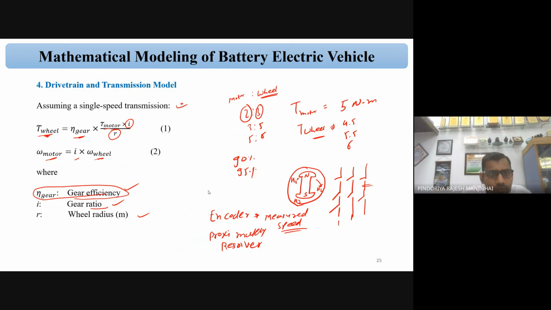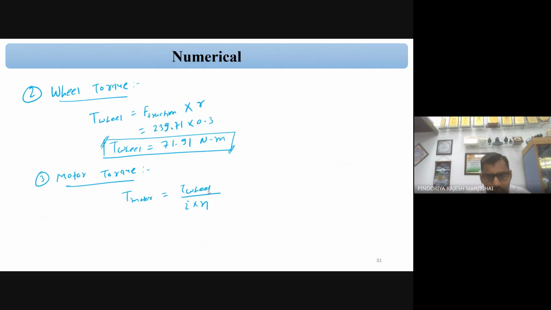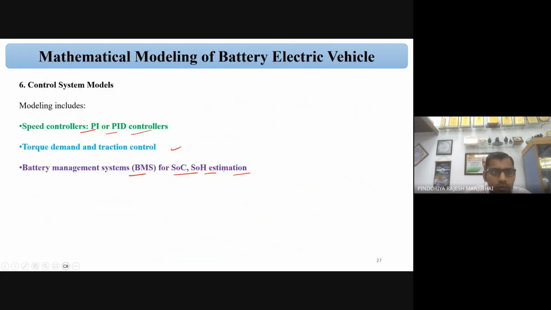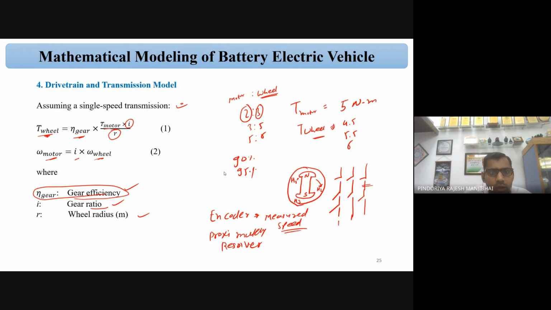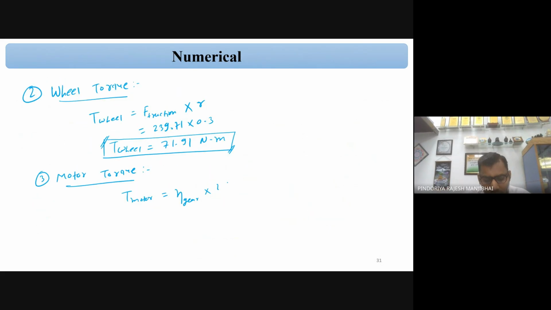T wheel equals eta into T motor into I upon R. This one, correct?